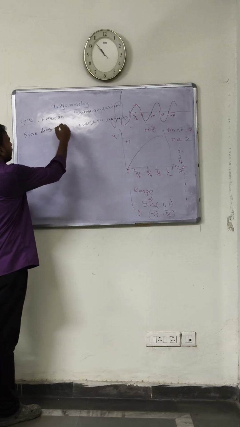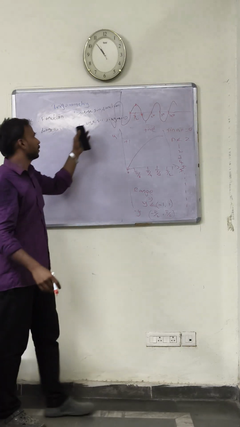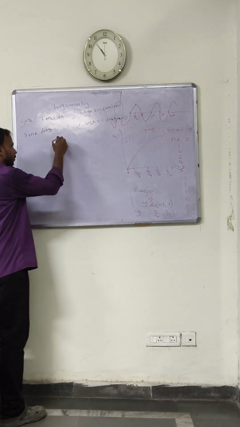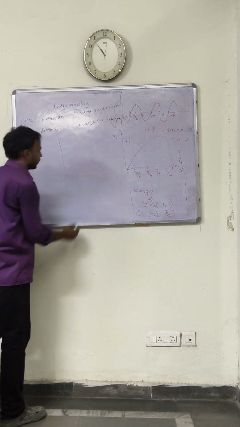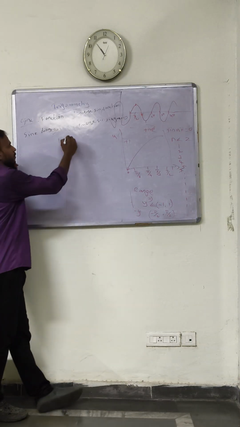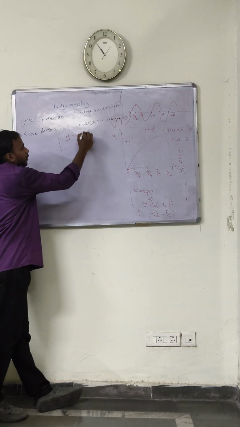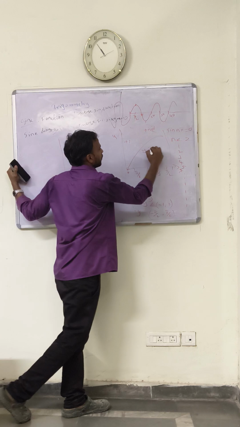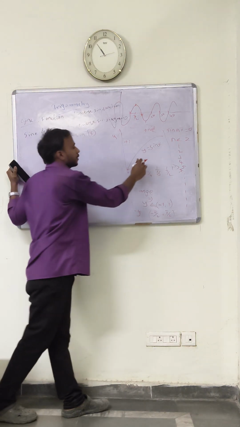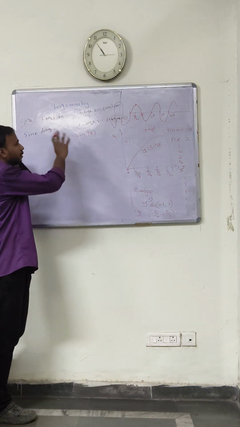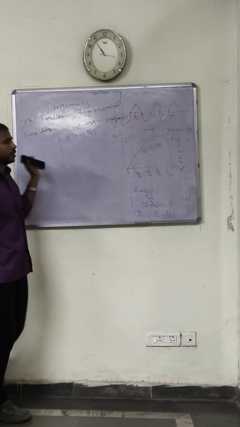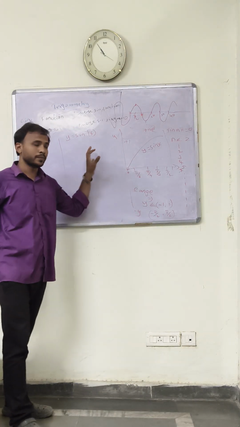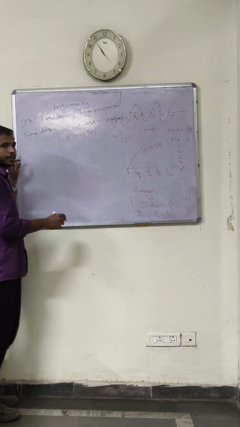This is over. Now we understand what the sine function is. Now we will look at the inverse sine function. Why are we using the same diagram for the inverse sine function? So the inverse sine function is y equal to sine inverse of x. Here the function is y equal to sine x. Here the function is y equal to sine inverse of x. So to find sine inverse of x, what should we do? Let's see.